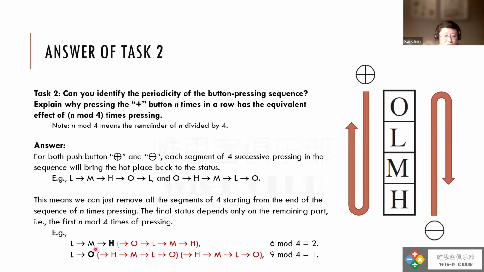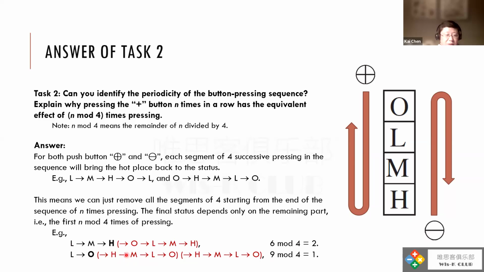So in a long chain, like 6 times or 9 times pressure, we can always cancel the 4 consecutive pressures, because it always goes back to the original place. So instead of writing 9 letters in a sequence, we can say 9 modulus 4 is 1. So we only need 1 arrow or 1 change of the status from L to O, or from L to H. So it's 2.